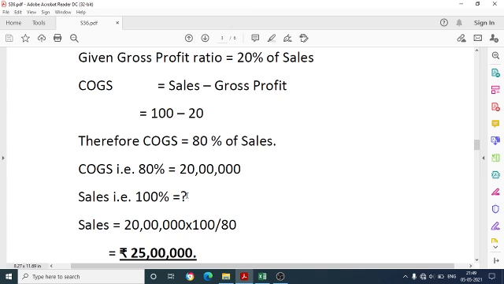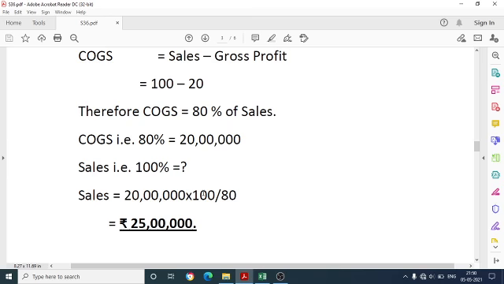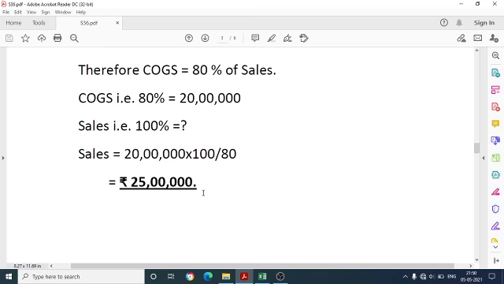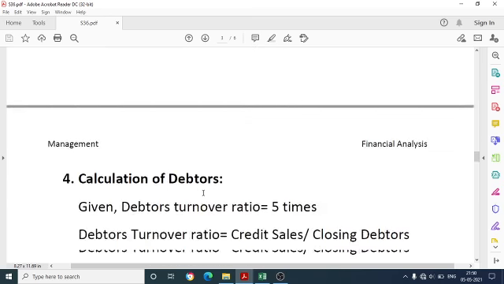So 20% how much? Like that also you can calculate. So that will give you 5 lakh, and again you have to add cost of goods sold plus gross profit, that will give you sales. But directly I think this calculation is very comfortable. So sales you can get of what, rupees 25 lakh.